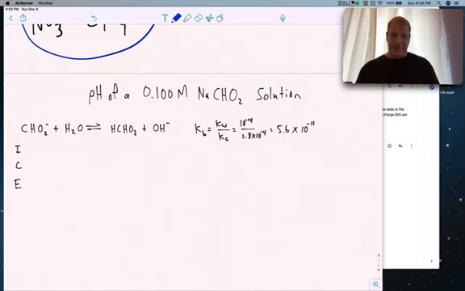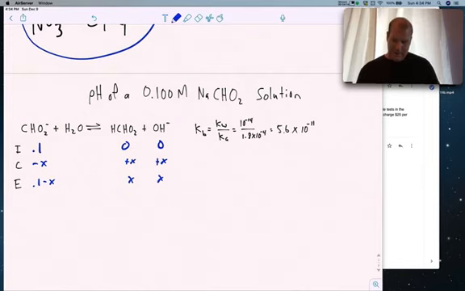Ka times Kb is Kw, and the Kb of the formate anion is 5.6 times 10 to the minus 11. Let's start initially: we have 0.1 molar, 0, 0, shift right, minus x, plus x, plus x, giving 0.1 minus x, x, x.